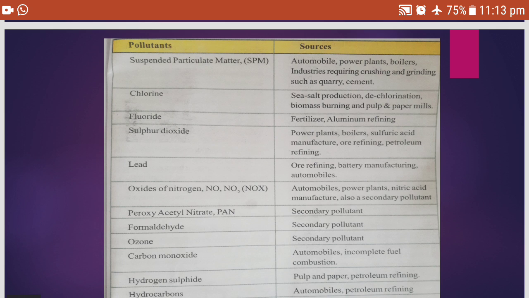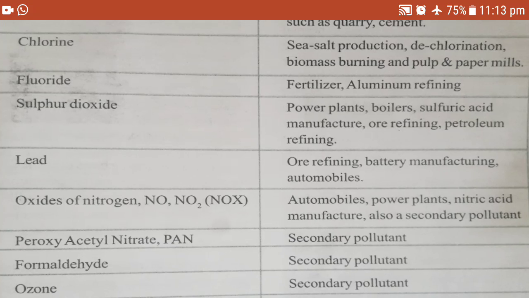Chlorine is coming from sea salt production, dechlorination. Fluoride is coming from fertilizer, aluminium refining. Sulfur dioxide from power plants and sulfuric acid manufacture. Lead is coming from ore refining, battery manufacturing. And oxides of nitrogen are coming from, again, automobiles and power plants.